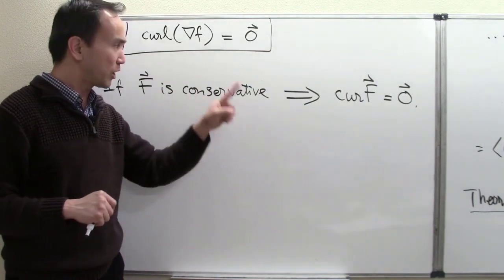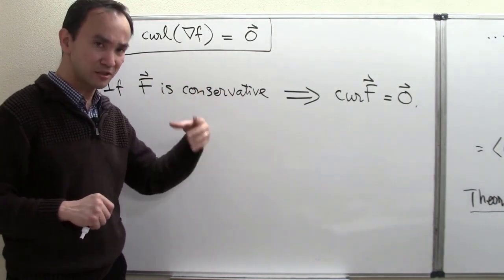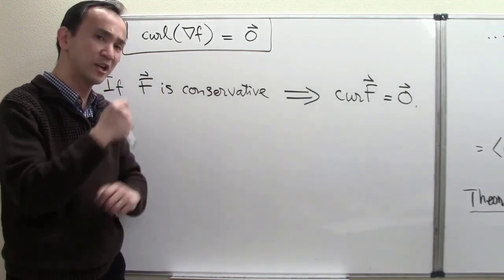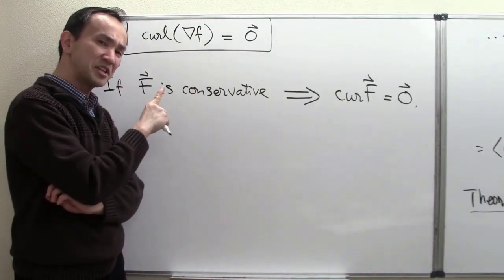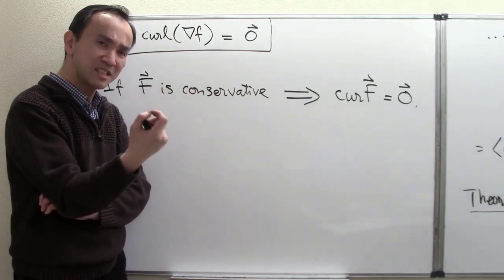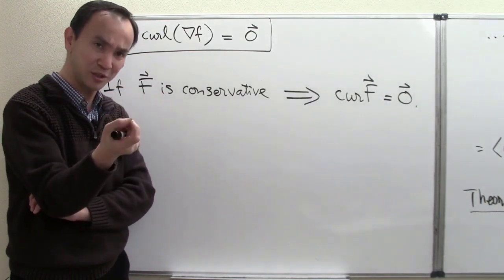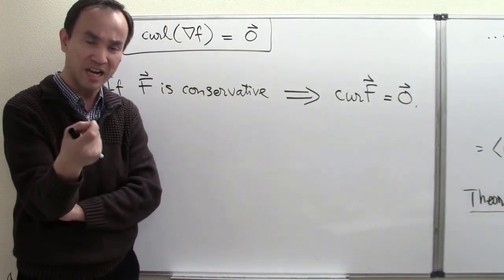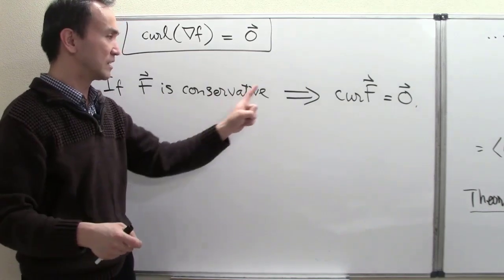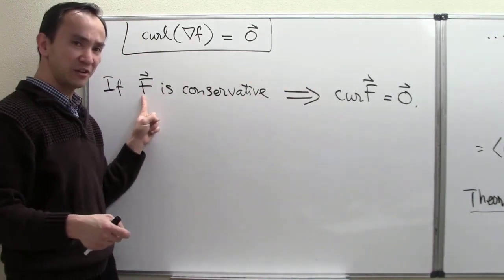At this point, somebody may start making that connection and say, hey, wait a minute, can taking the curl be another way to test whether a vector field is conservative?